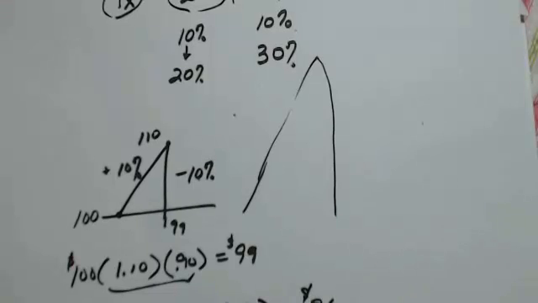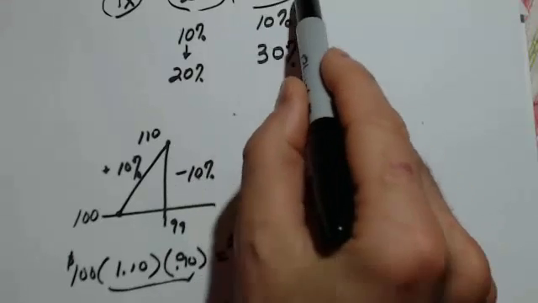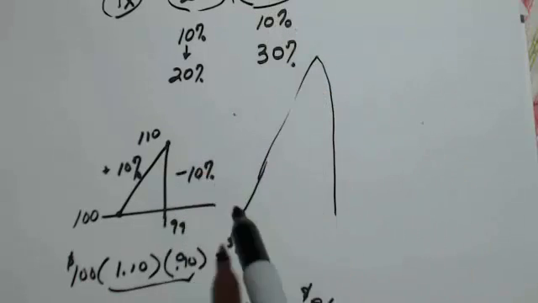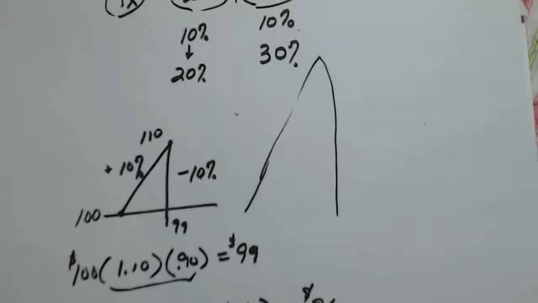So you're off by $4. You're worse. In fact, the more volatility you have, which is driven by the number of times it's multiplied by, the lower you'll go off. Even though you had a 20% return here and a negative 20, you think you broke even, but you actually lost 4. It gets magnified.